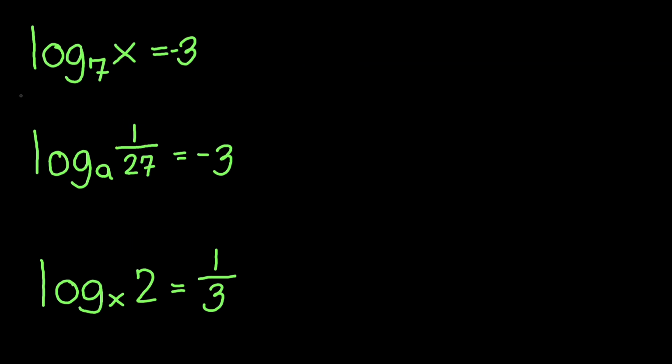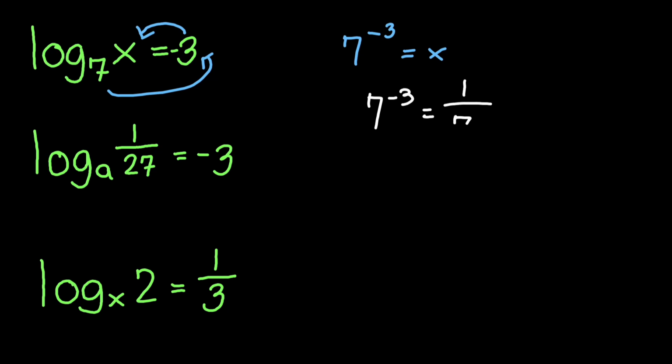Log of x with the base of 7 is equal to negative 3. Convert this first. 7 raised to the power of negative 3 is equal to x. And now, you must know that this negative sign is just an indicator that it is equal to 1 over 7 to the power of 3.